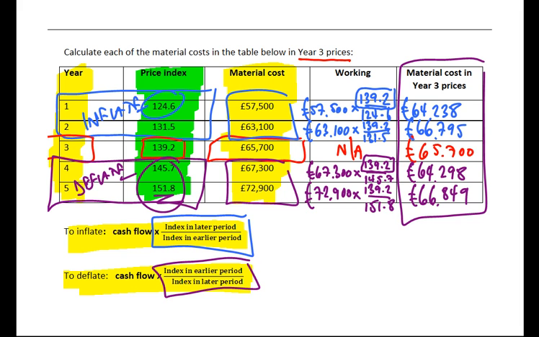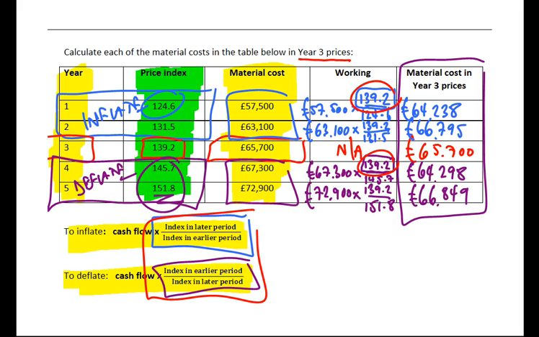But in fact, in terms of these two equations that we've been using, what you may already have noticed is that when you actually apply the equations, regardless of whether you're looking at years before or after year 3, it's always the year 3 index that goes at the top of the formula.